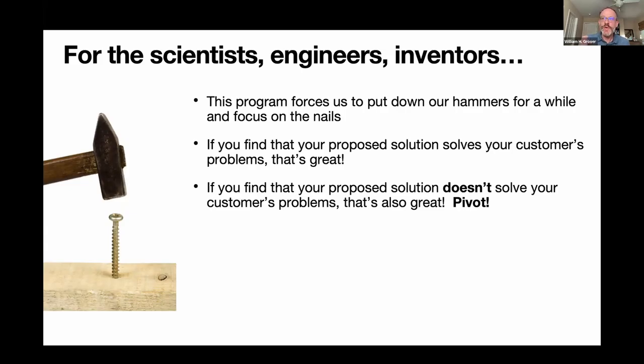Because you know now that there's a need for a specific solution to a problem out there in the real world, outside of the university or outside of wherever, and you're the person that has that information, and so you are well equipped to now develop the next solution for that. And you know that once you do develop that, there's going to be a need waiting to receive that solution, right? That's good too. So don't worry if in your customer discovery you find that what you've created doesn't quite match what the needs are.